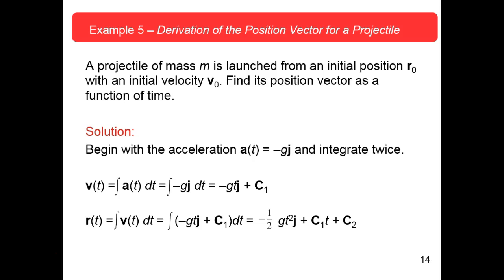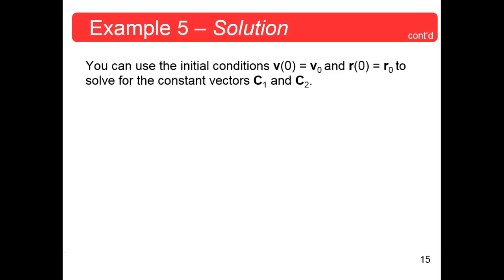And then when you integrate that, you get minus 1/2 gt squared j plus C1 t plus C2. So that's your second constant of integration. And you use the initial conditions v of 0 is equal to v0, r of 0 is equal to r0 to solve for the constant vectors C1 and C2.